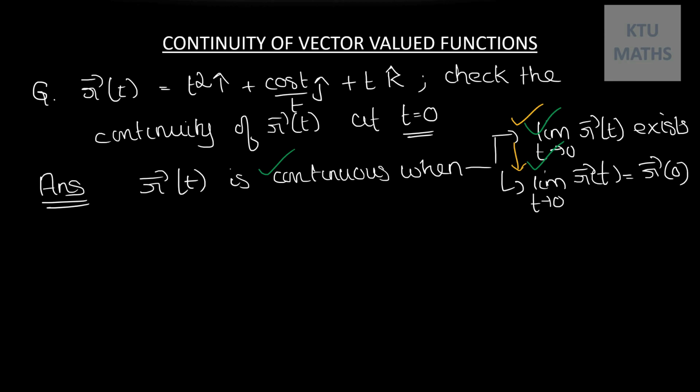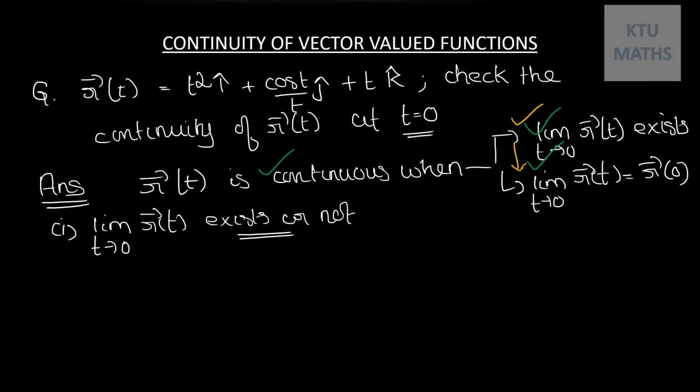Now let us check it. Let us check condition 1. Does limit t tends to 0 r(t) exist or not? To check this, there is one condition.